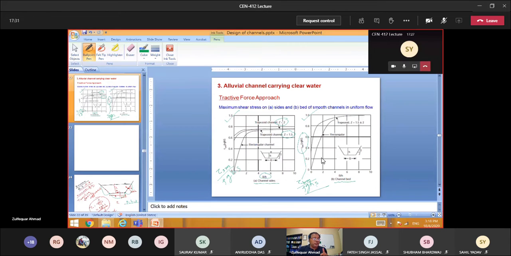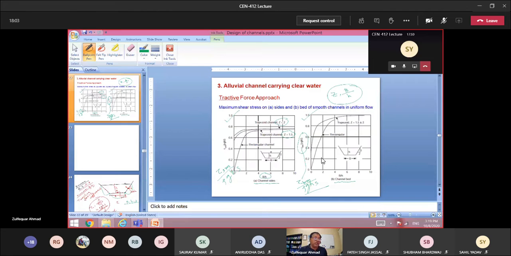This is the maximum shear stress acting due to the flowing water, for different values of Z and different values of B by H. So for different values of Z and B by H, we can get the maximum shear stress acting on the bed and the maximum shear stress acting on the sides.